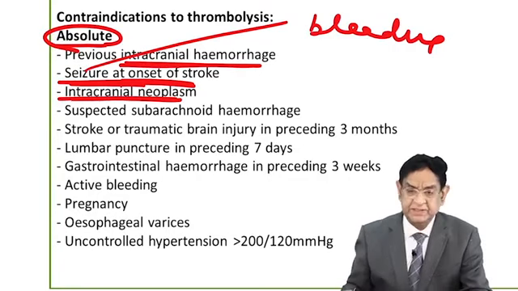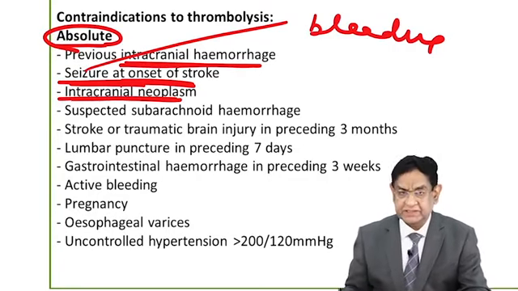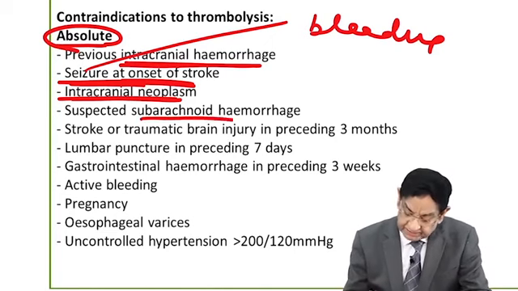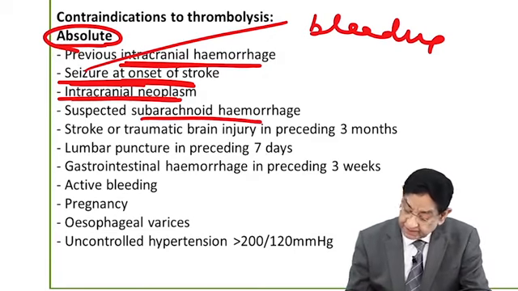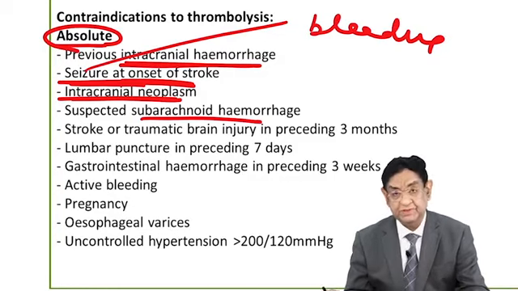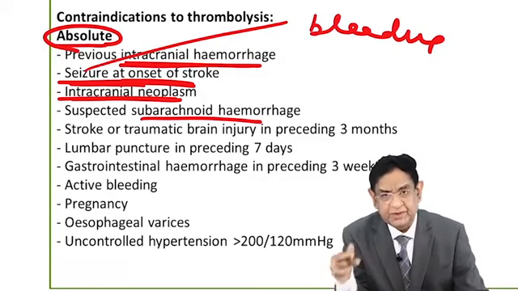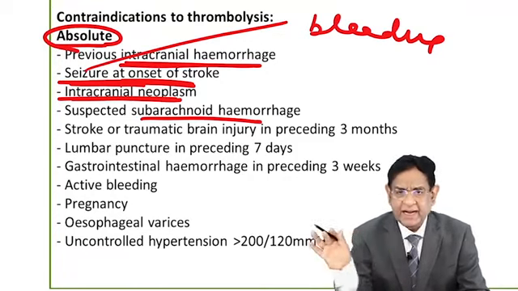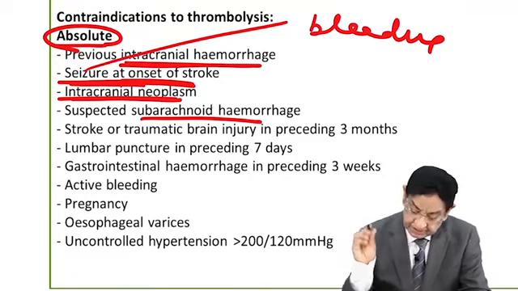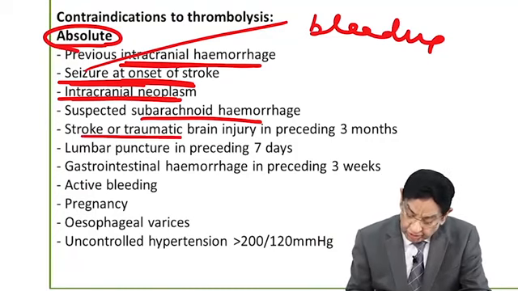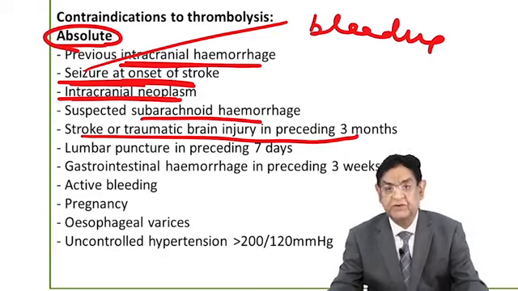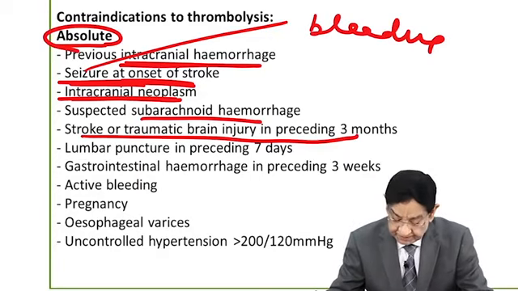Intracranial neoplasm, which can lead to bleeding. Subarachnoid hemorrhage, don't use it. Of course, any bleeding, no doubt about it, intracranial, subarachnoid, any bleeding, don't use it. Stroke or traumatic lesion in the preceding 3 months, a history of head injury, don't use it.